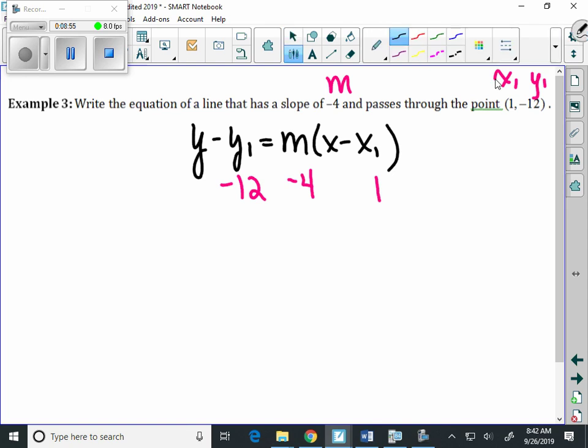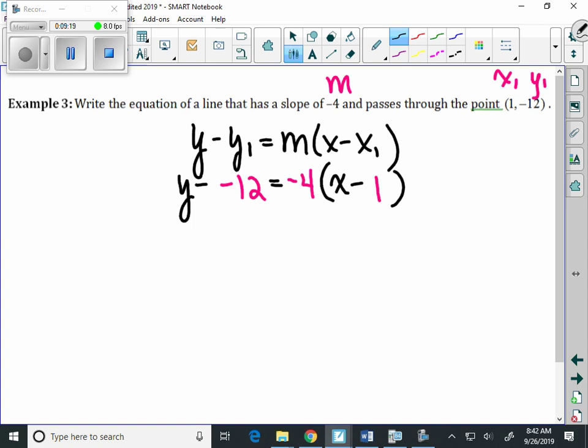And we can fill in the rest. It's y minus a -12 equals -4 times x minus 1. Again, to the best of my understanding, OST will take this answer in this format.